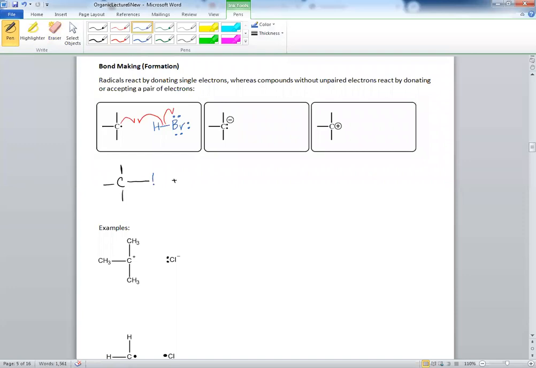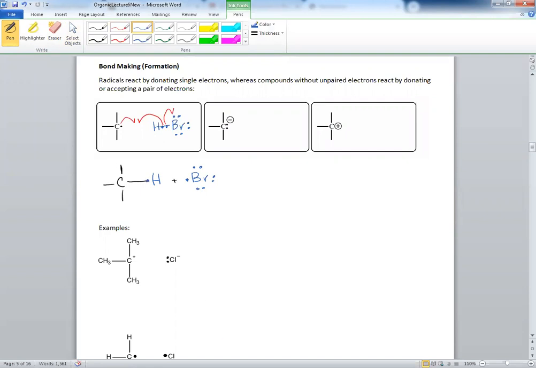So here's H. I'm going to put the electrons here for a minute so you can see them, and then mark them here as well.